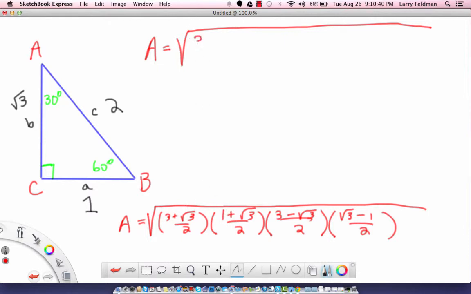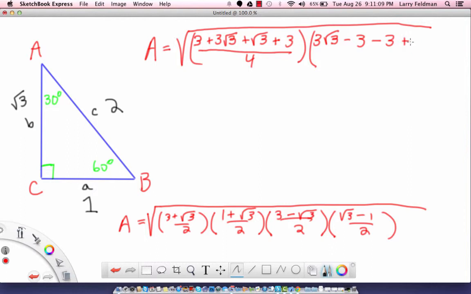We get 3 plus 3 root 3 plus root 3 plus 3, all over 4. And then we'll multiply these two terms. So we get 3 root 3 minus 3 minus 3 plus root 3, all over 4.